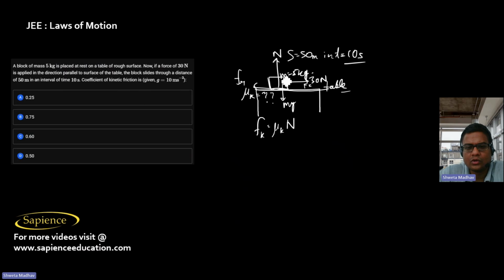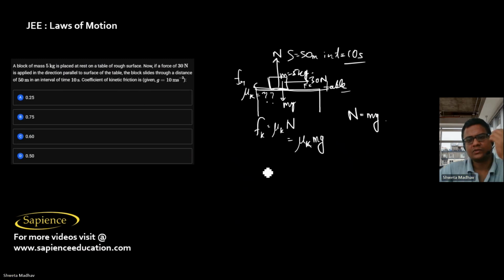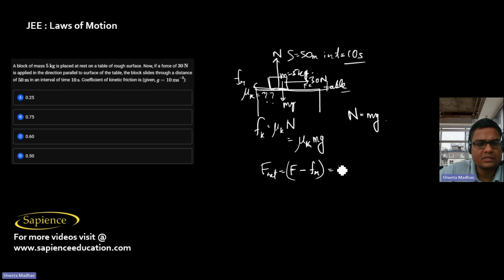So therefore Fk will be mu k into mg, which is the frictional force. And then the net force will be the applied force minus the frictional force, and that is equal to mass into acceleration.